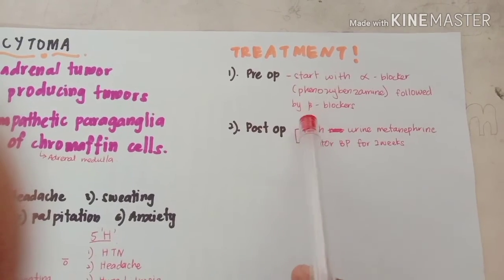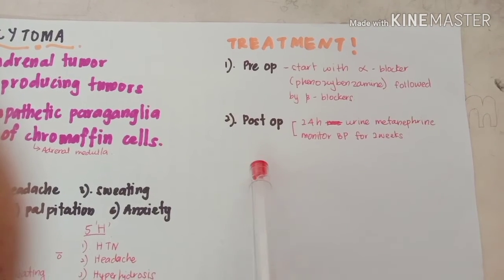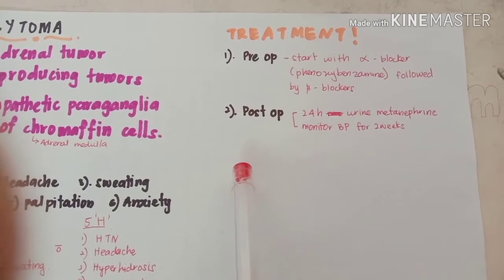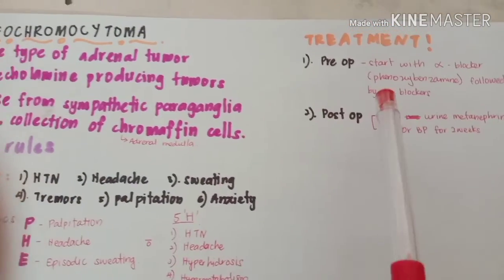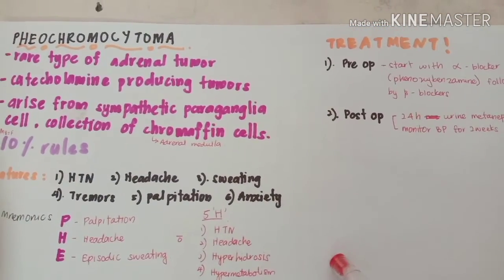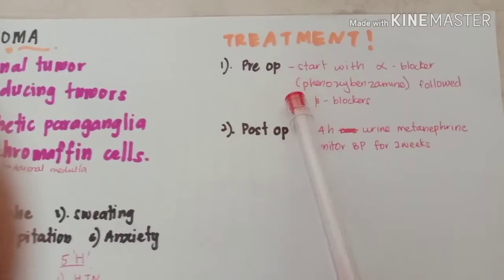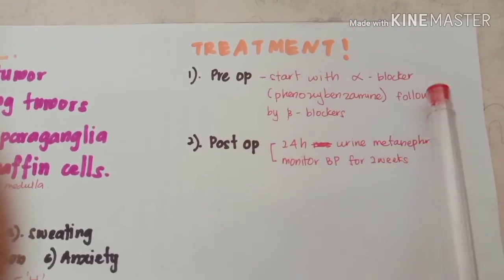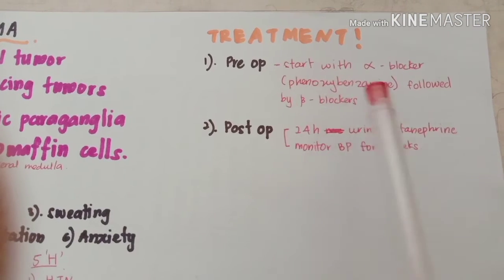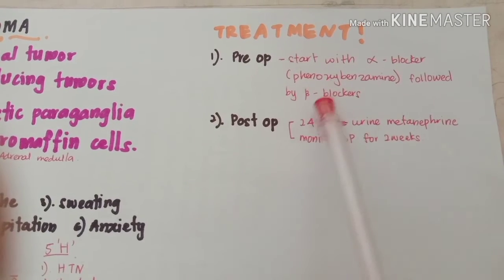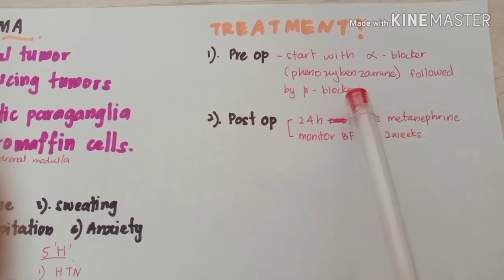The only treatment for this disease is surgical, but you have to take a few precautions before you start the operation. For pre-op preparation, you have to start with an alpha blocker, which is phenoxybenzamine, followed by any of the beta blockers.